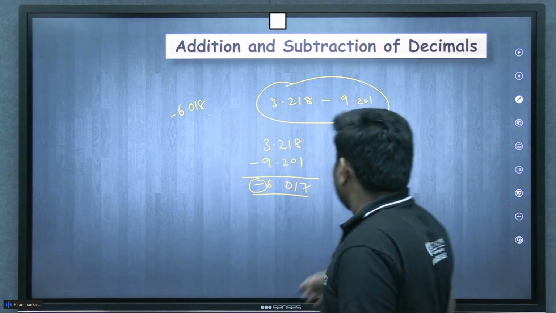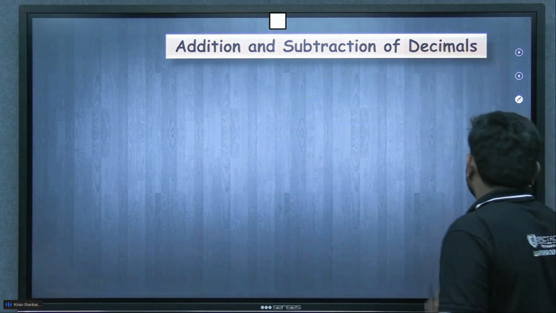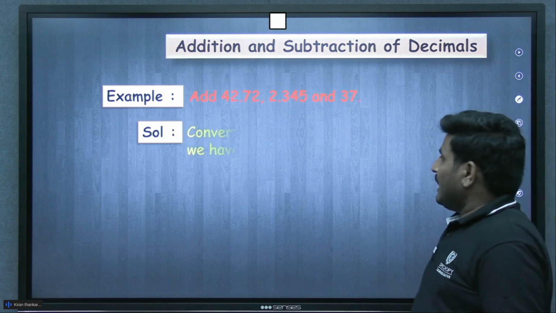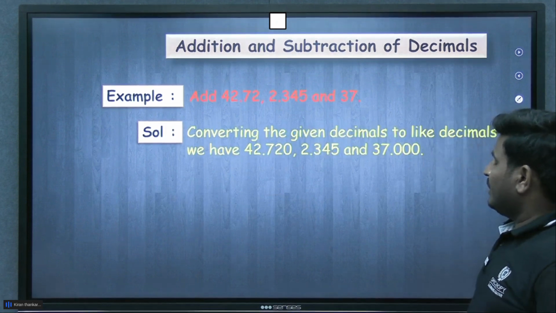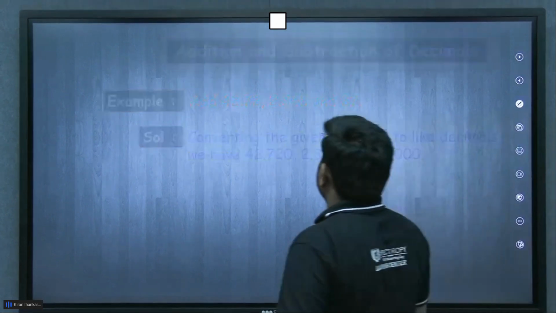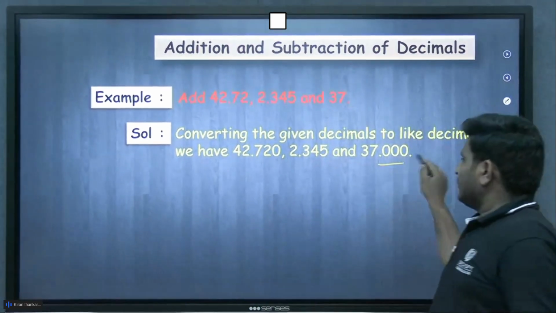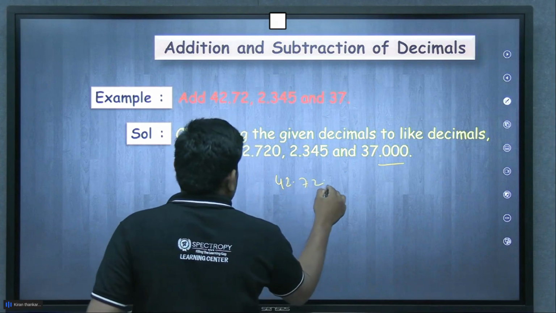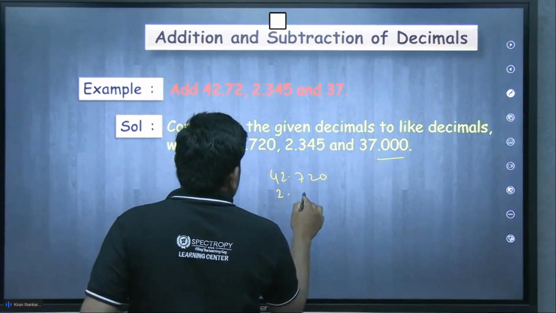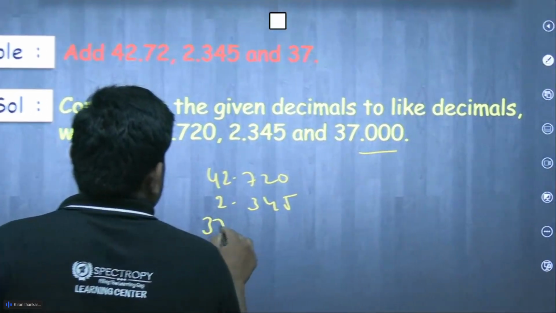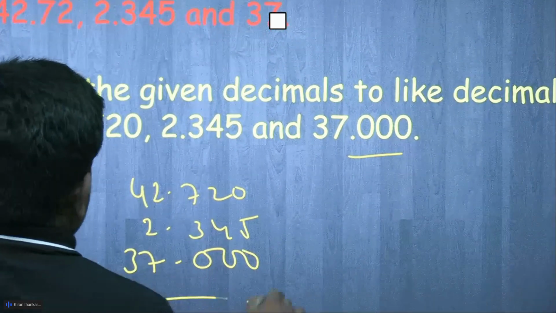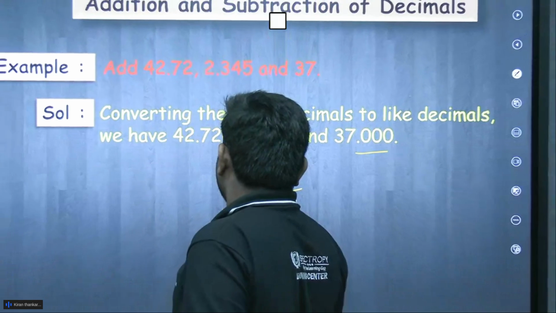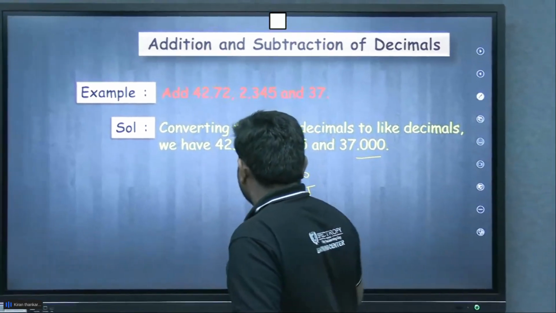Now let's see an example: add 42.72, 2.345 and 37. So 42.720, 2.345, 37.000.